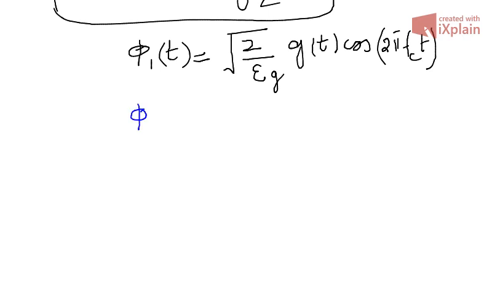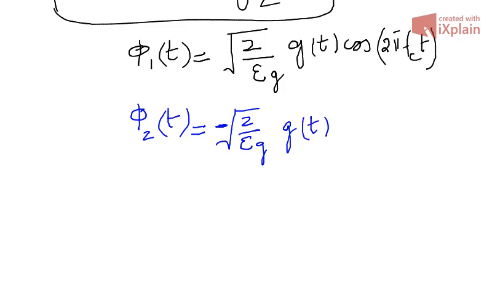Similarly, psi2 of t, these are orthonormal basis functions, square root of 2 over Eg. Now here the negative sign is there, which is to facilitate the expression, minus g of t, and we have sine of 2 pi fct. Now these are our two orthogonal carriers with unit energy.